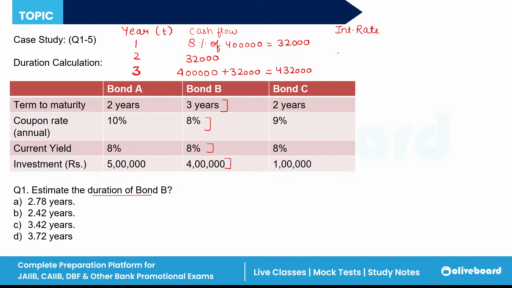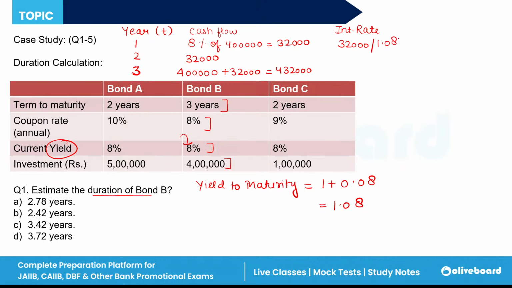Now, we have to discount this cash flow by the yield. How do we calculate this? The yield to maturity is given as 8%. So 1 plus 0.08 equals 1.08.